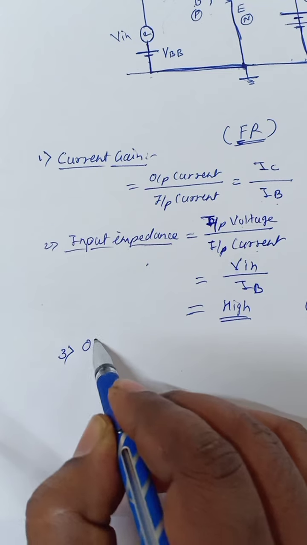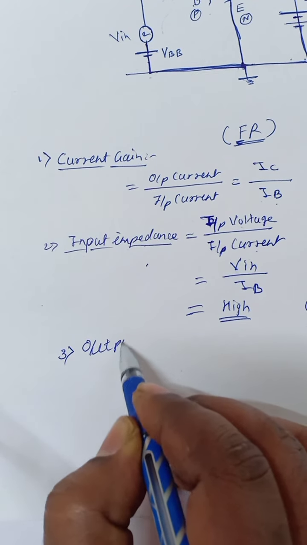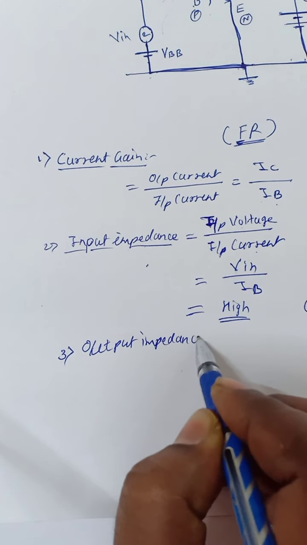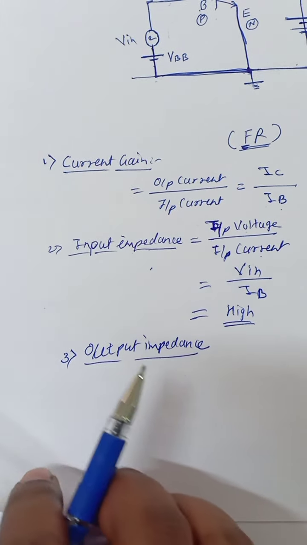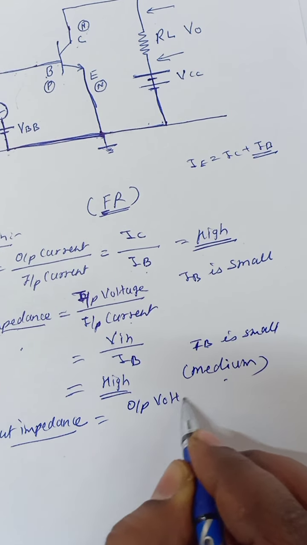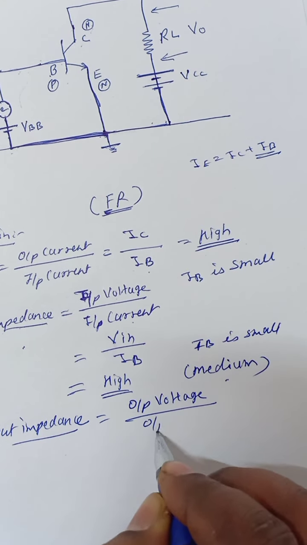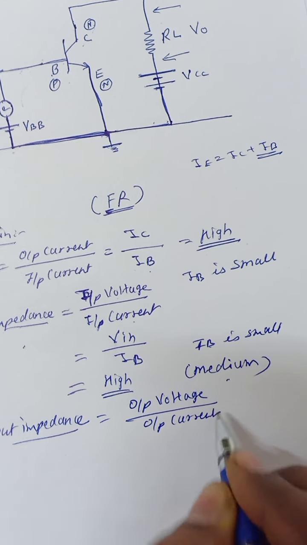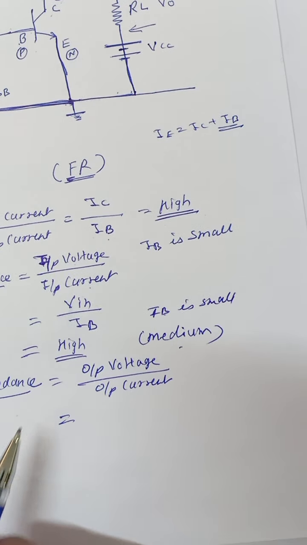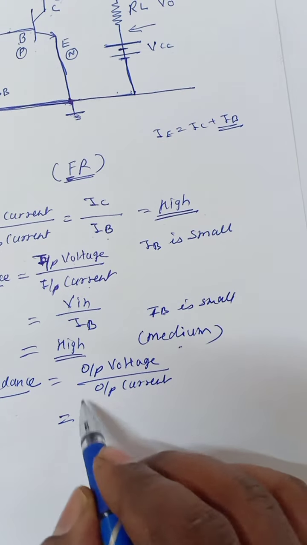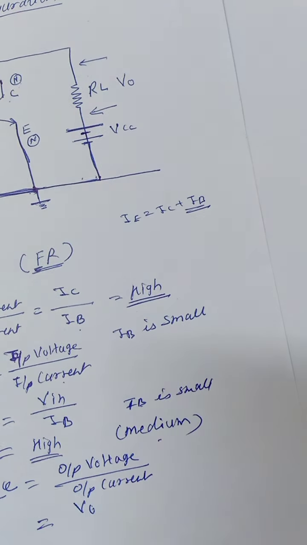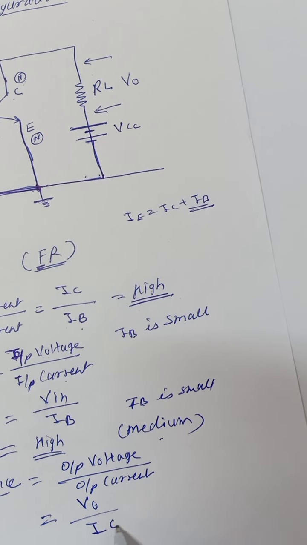Again, output impedance. Write it down: output impedance equals output voltage divided by output current. The output voltage is VO, and the output current is IC.